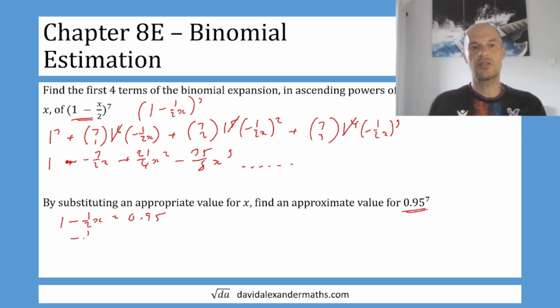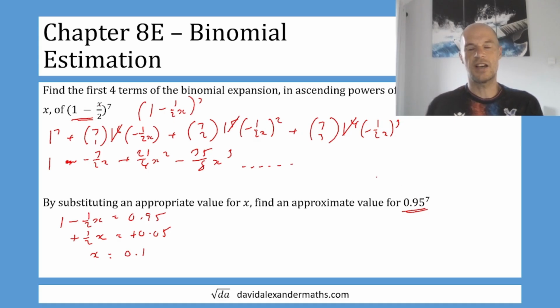So we're going to subtract 1 from both sides. So that negative a half x is minus 0.05. So therefore, positive half x is positive 0.05, so x is double that, x is 0.1. So what this means is if I substitute x with 0.1, 1 minus 0.1 over 2 is 0.95.